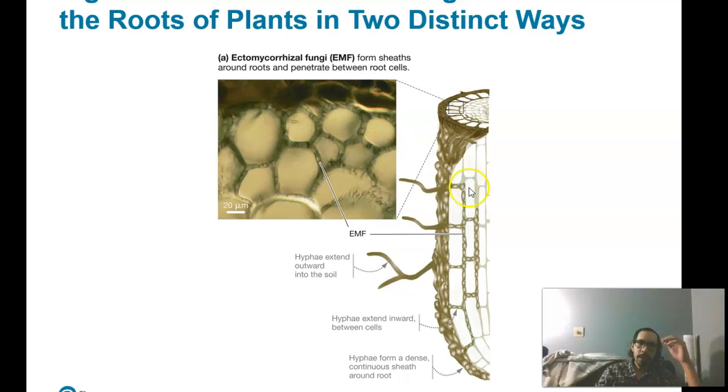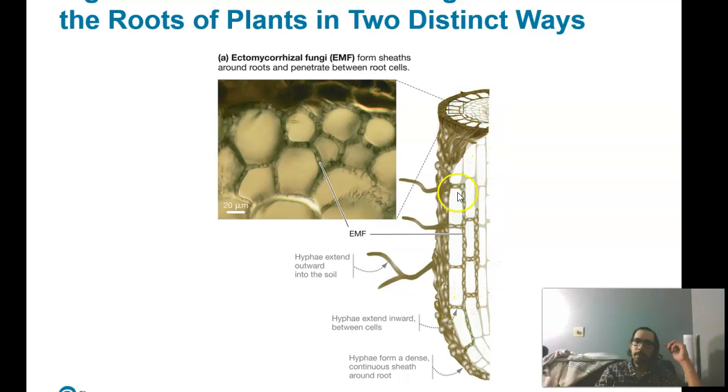Okay, so here you can see the ectomycorrhizal fungi forming the sheath around the roots, and they penetrate between the root cells, but not through the root cells. So here's the hyphae extending outward into the soil, and then also the hyphae extending inward between the cells of the root.